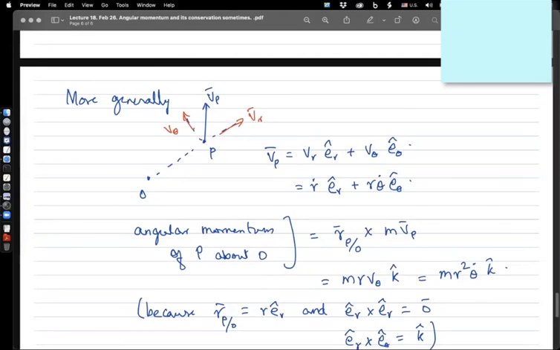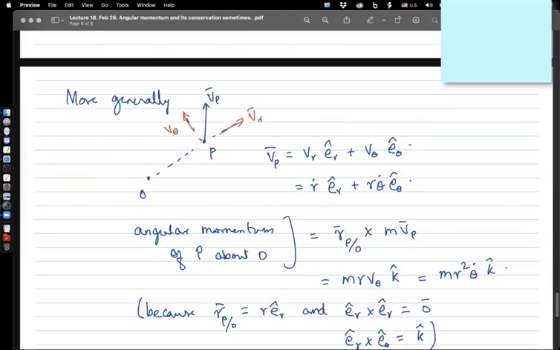To do this, it's convenient to break the velocity up into a radial component v_r and v theta if you use polar coordinates. So v_P is v_r e_r plus v_theta e_theta.